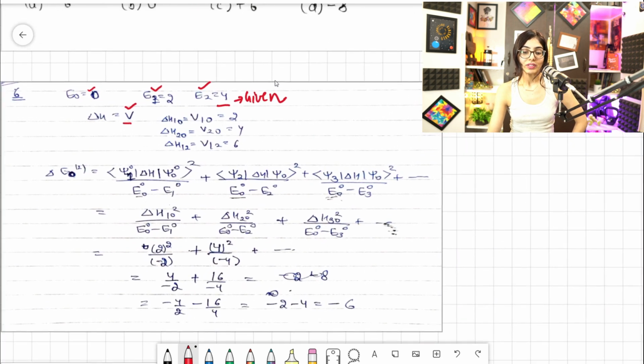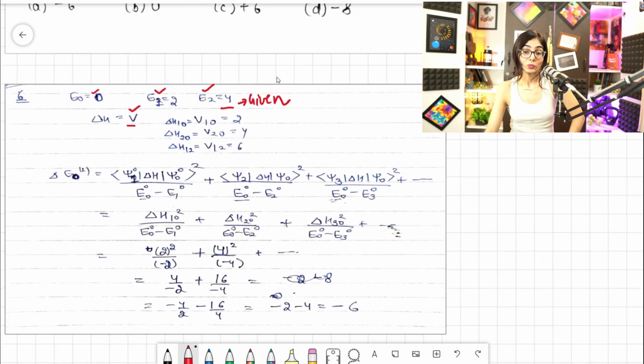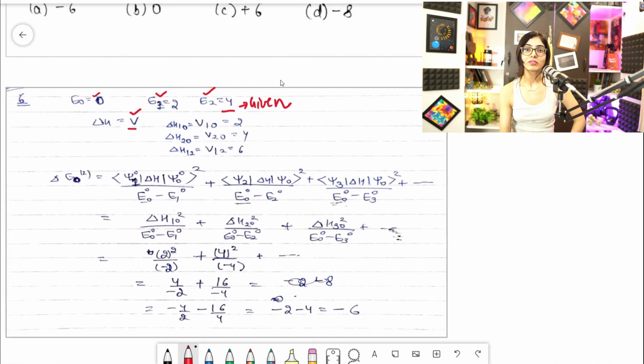Clear? So first, whatever information is given in the question, we'll simply write the basic formula which we know for finding the second order correction, right? So let's see how to find the second order correction in the ground state. It will be the second order correction, you find delta E, ground state is 0 and the other state is 2.